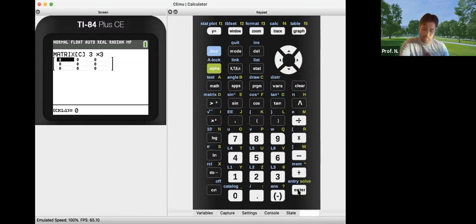And these vectors are going to be 3, 1, negative 1, 1, 1, 0, negative 5, negative 3, 2.